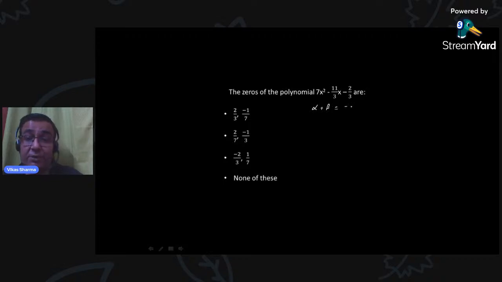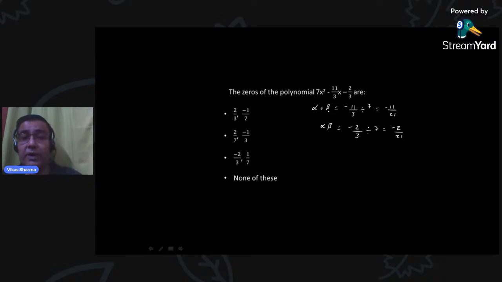So minus of minus 11 by 3 divided by 7 gives us minus 11 by 21. And we know alpha beta is equal to c upon a, which in this case is minus 2 upon 3 divided by 7, where 7 goes in the denominator, so this becomes minus 2 upon 21.